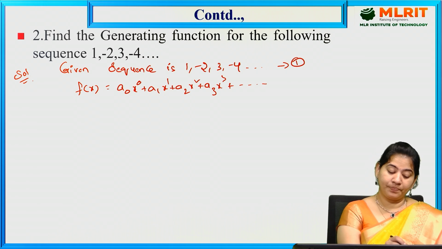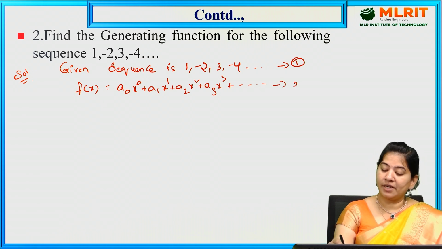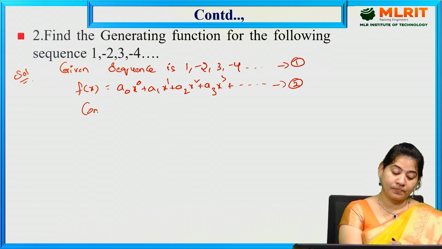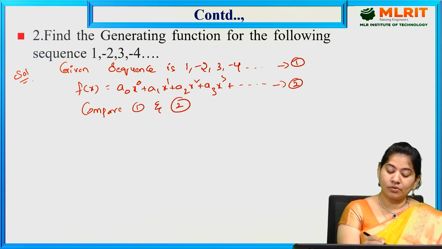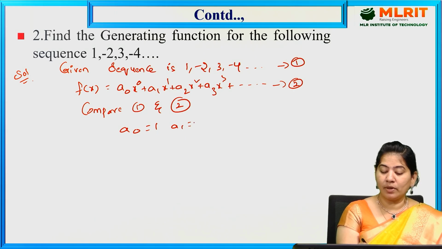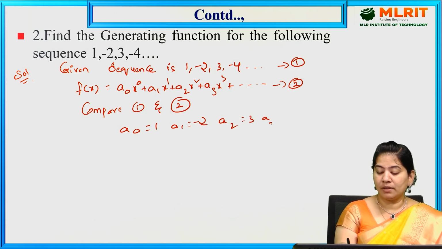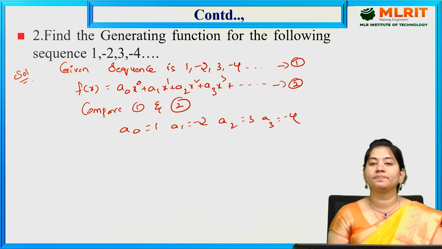So just consider this as equation 2. Compare 1 and 2 so that we can write it as A0 is equal to 1, A1 equal to minus 2, A2 equal to 3, A3 equal to minus 4.